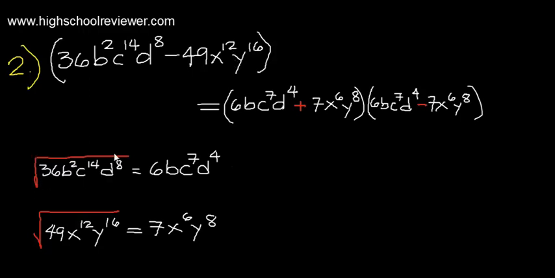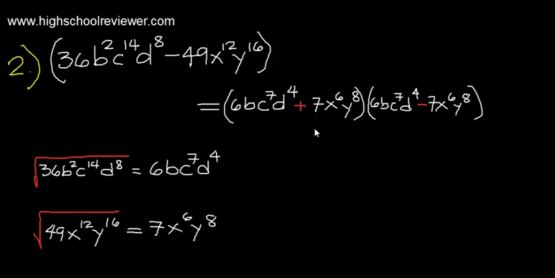So the square root now of positive 36b squared c raised to 14 d raised to 8 will give us 6b c raised to 7 and d raised to 4. And the square root of 49 x raised to 12 y raised to 16, we have 7 x raised to 6 and y raised to 8.